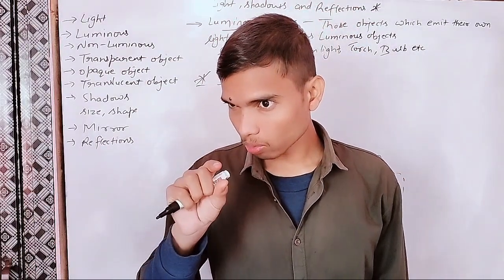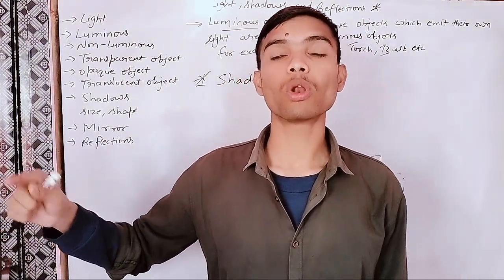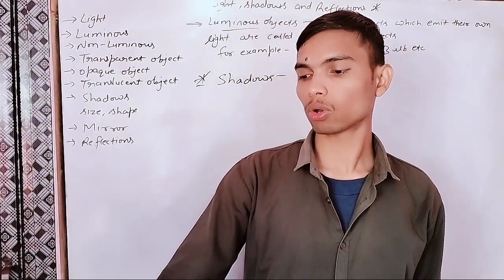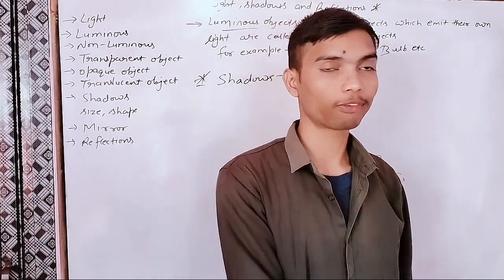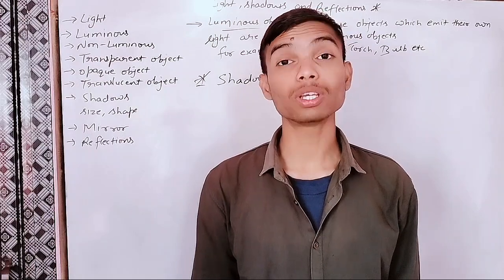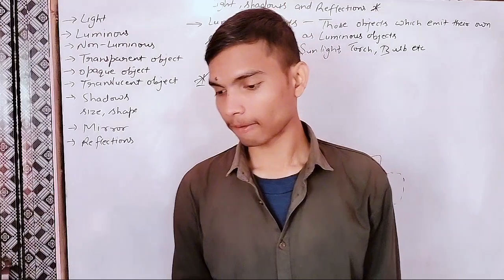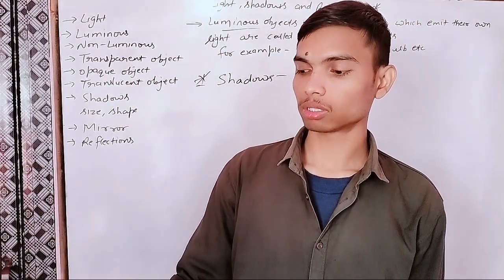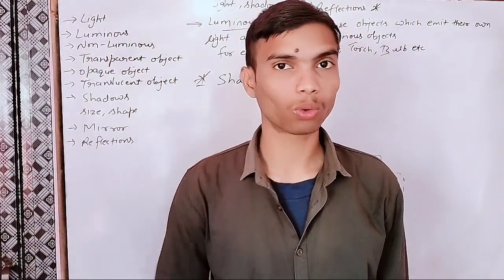The shadow of an object sometimes will not be able to describe that this shape is of an animal, of the leg of an animal.